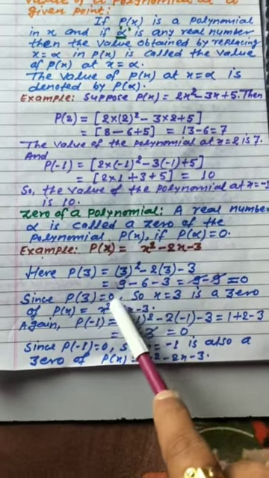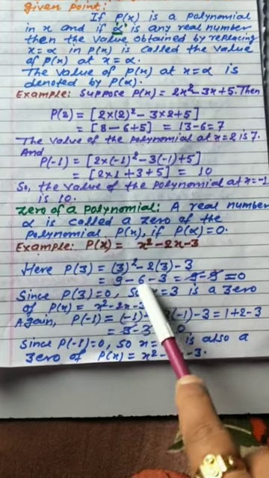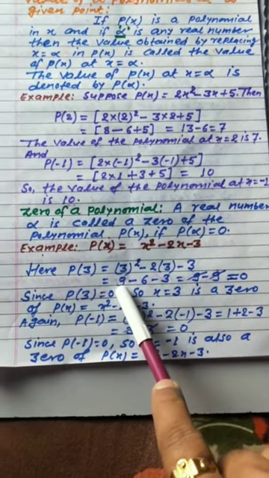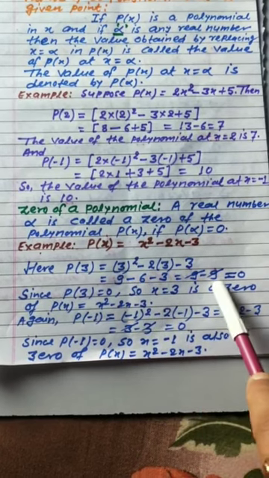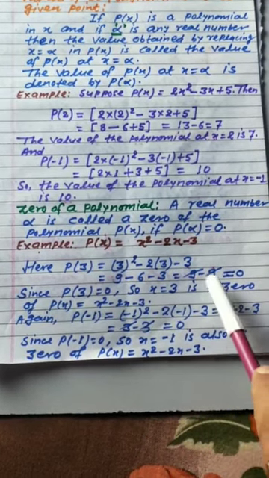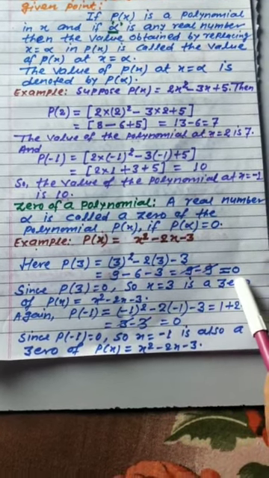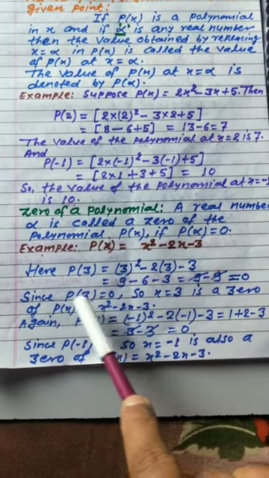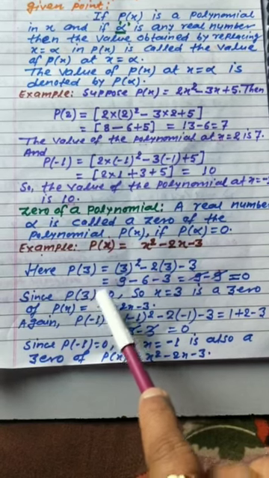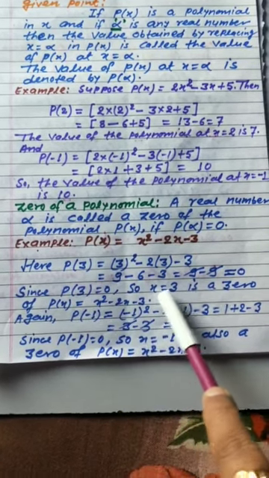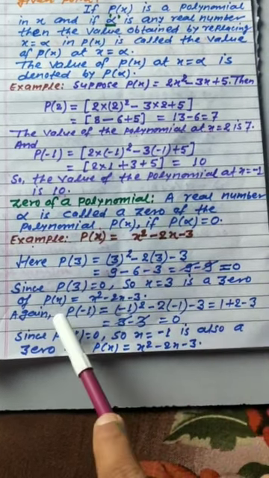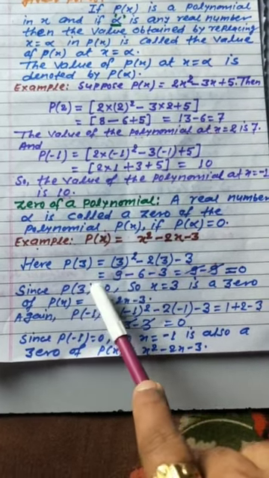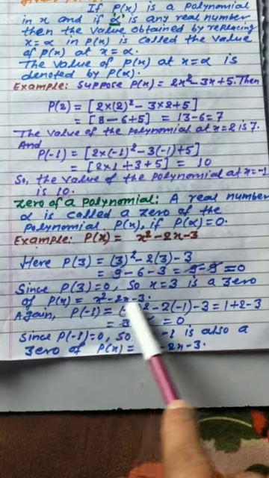So 3 square is 9, minus 2 into 3 is 6, minus 3. So 9 minus 6 minus 3 is minus 9 in total, so 9 minus 9 cancels and we are left with 0. Since p3 is equal to 0, the value of the polynomial at x is equal to 3 is 0. So x is equal to 3 is a 0 of px, x square minus 2x minus 3. This 3 is a 0 of this polynomial.